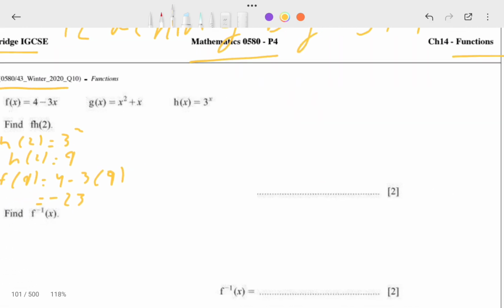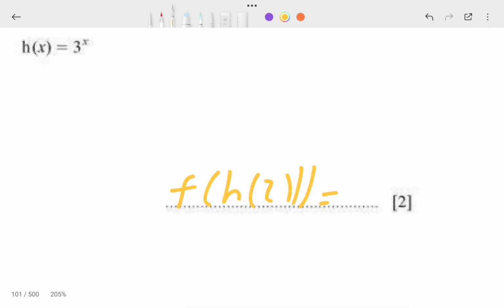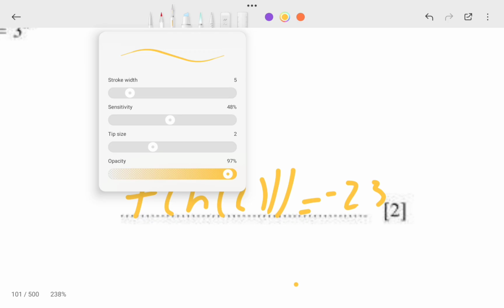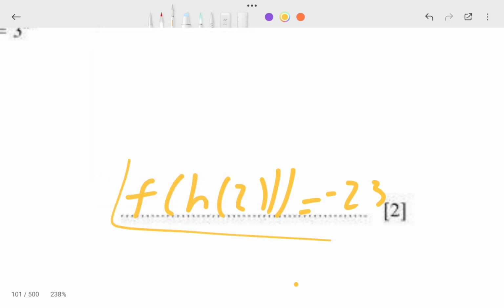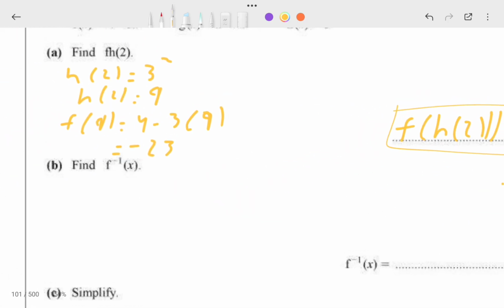So f(h(2)) is equal to minus 23. This is our answer. Let's move to the next part.